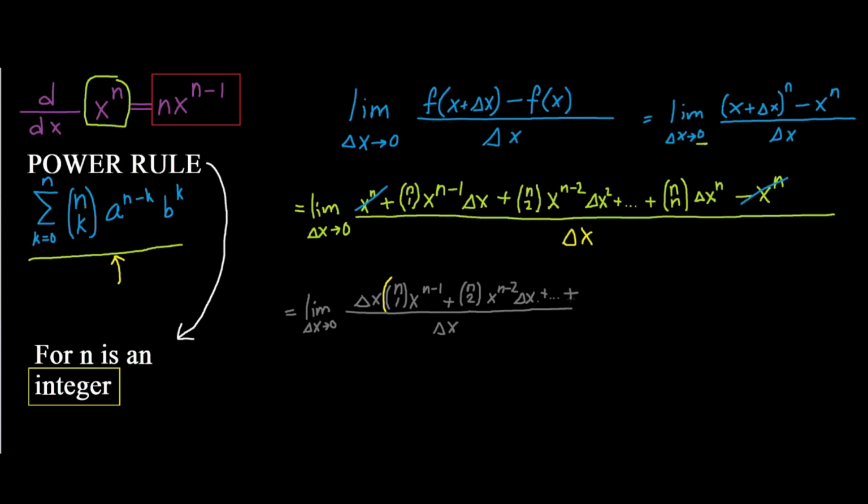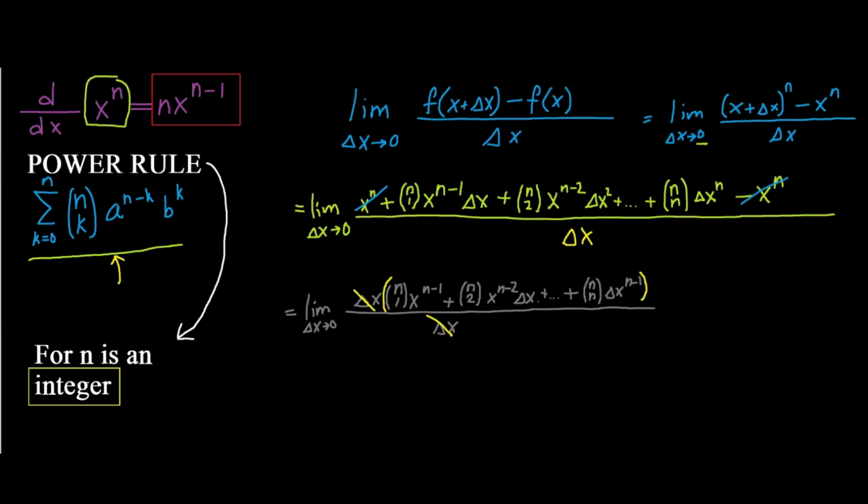And then at the end, we're just going to have n choose n, which will be delta x to the n minus 1. Now the big takeaway here is that the delta x in the denominator and this delta x factored out will cancel, right? And then we're just going to be left with all this.